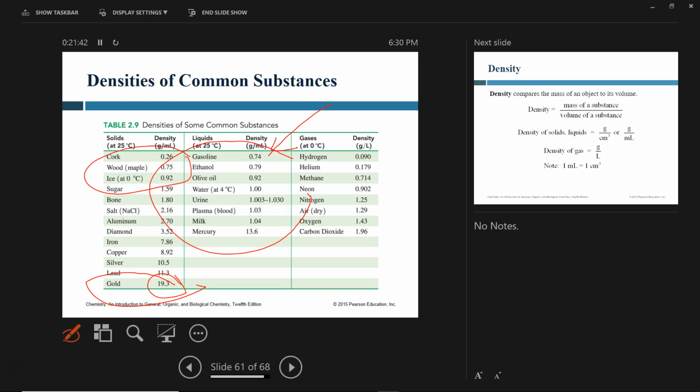Basically, specific gravity is a ratio between the density of a particular compound versus the density of water, which is conveniently 1 gram per milliliter. Does that make sense to you? Mm-hmm. Yes. Of water, like gram per milliliter of water. Gram? Great question. Gram per milliliter of volume.